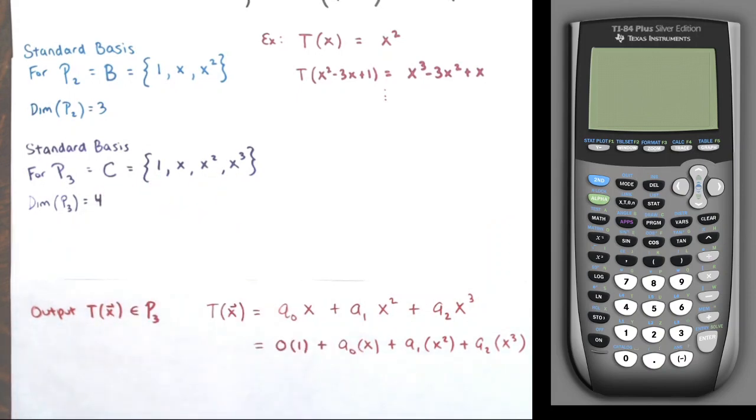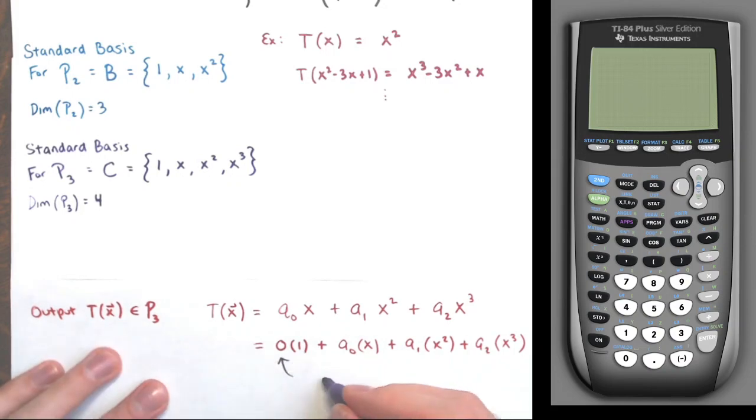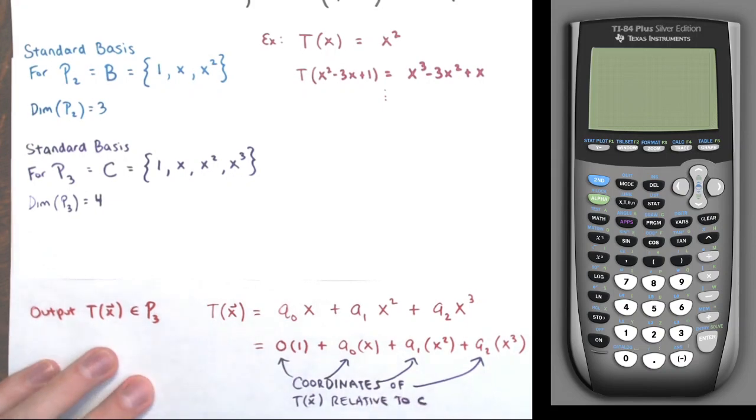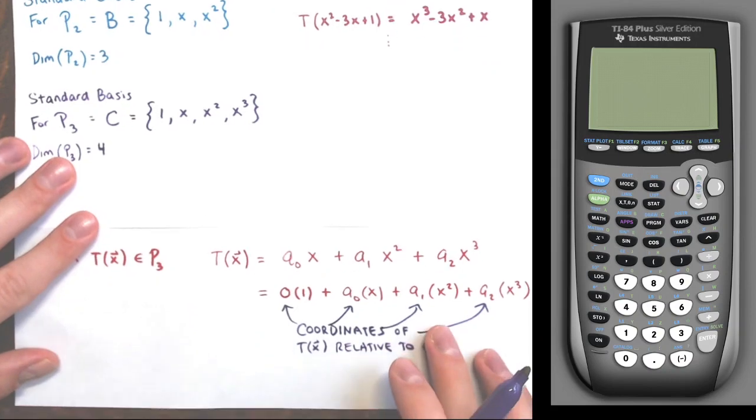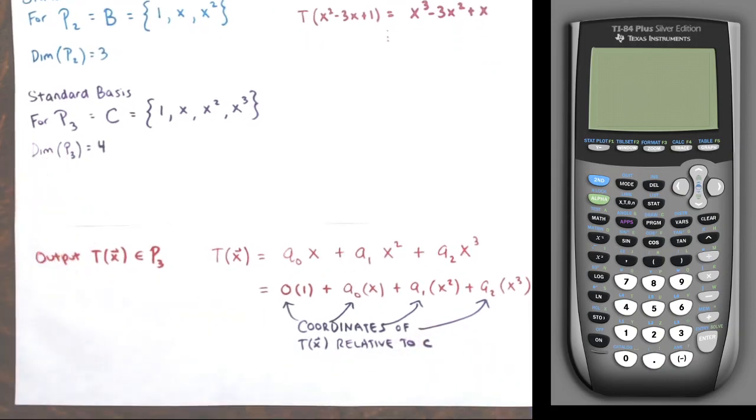I'll point that out again. The 0, the a0, the a1, the a2 are the coordinates, or the weights, of that linear combination. The coordinates of T of x relative to basis C. And so the coordinate vector of T of x relative to C, I'm going to write as a vector.